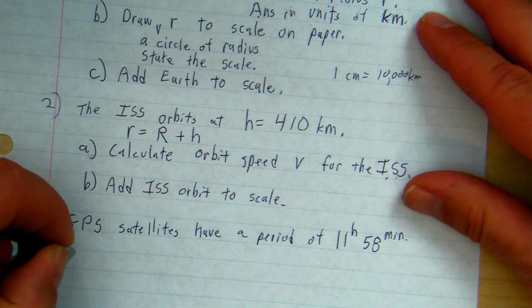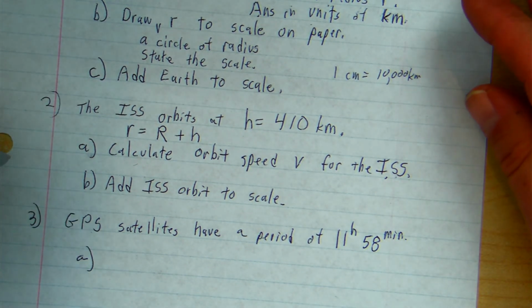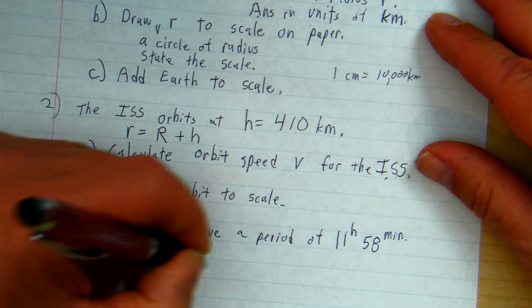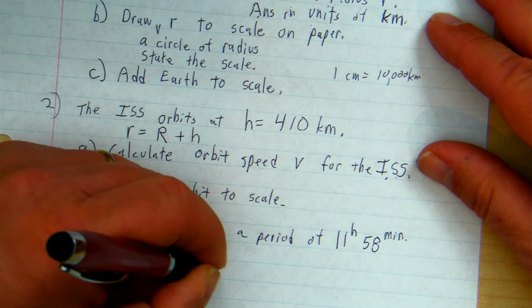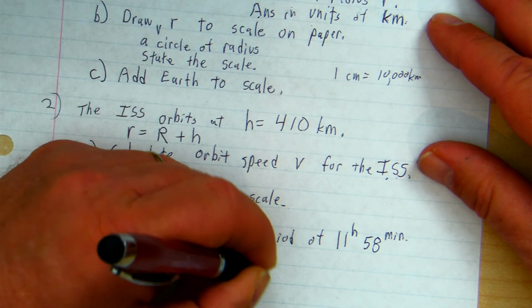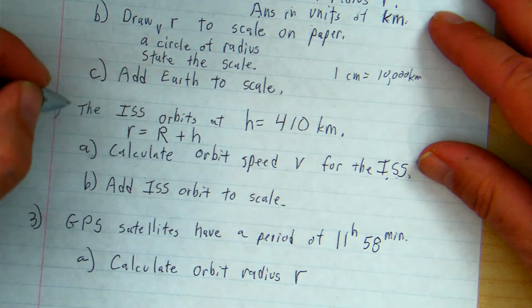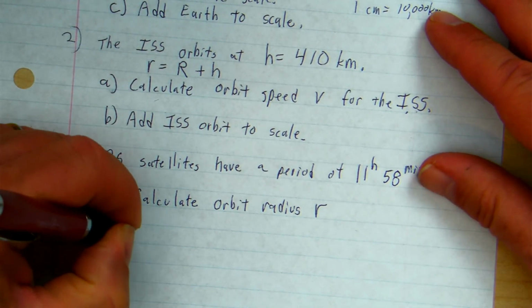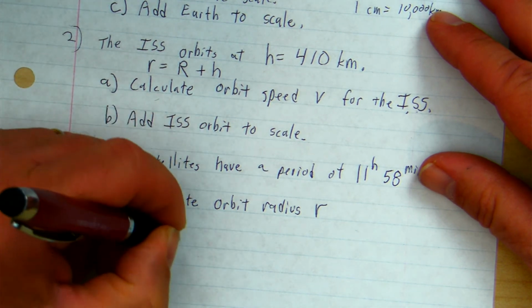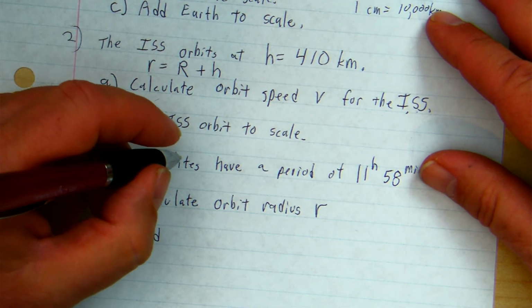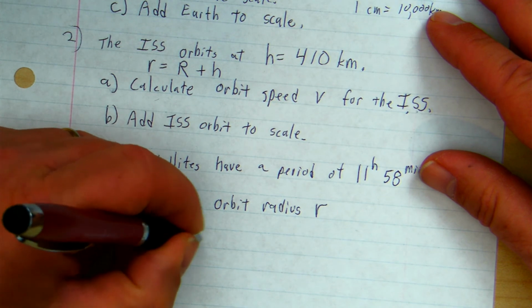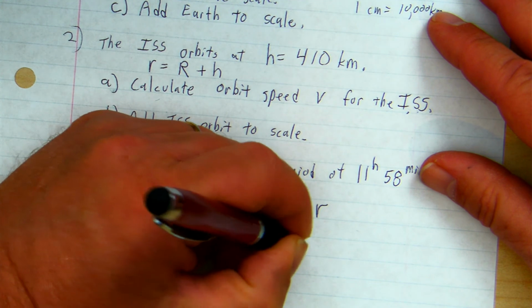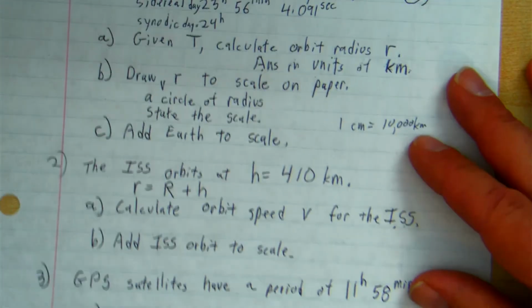So part A, calculate orbit radius r for one of those satellites. And of course, part B, add GPS orbit to scale on your drawing.